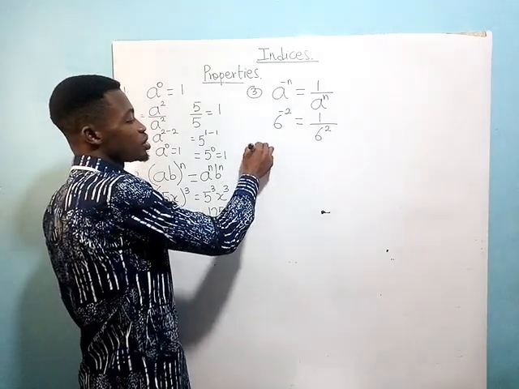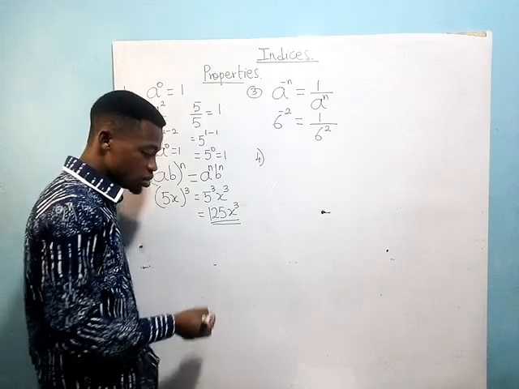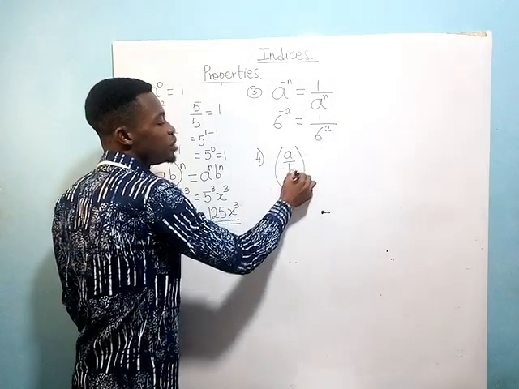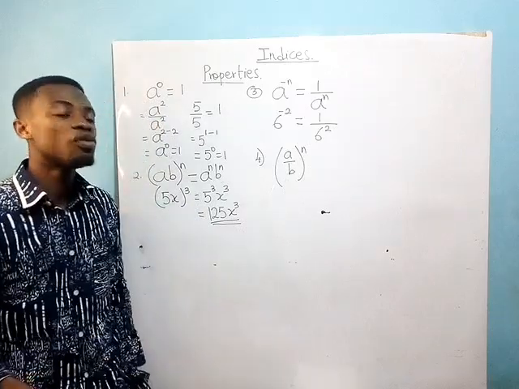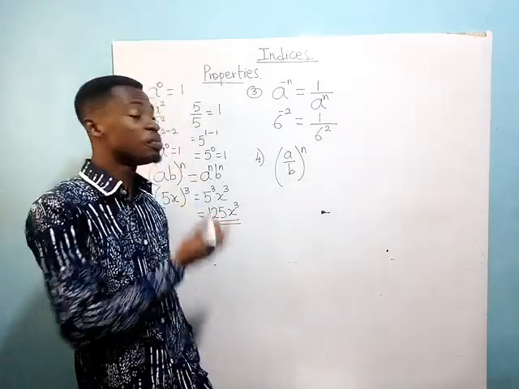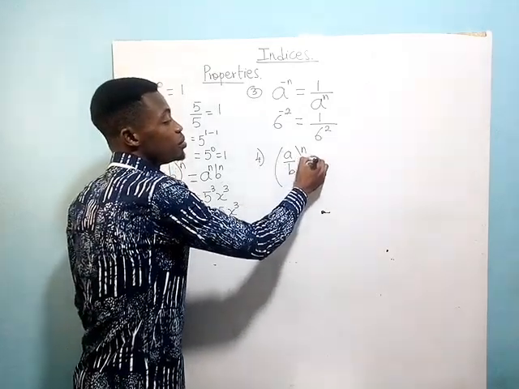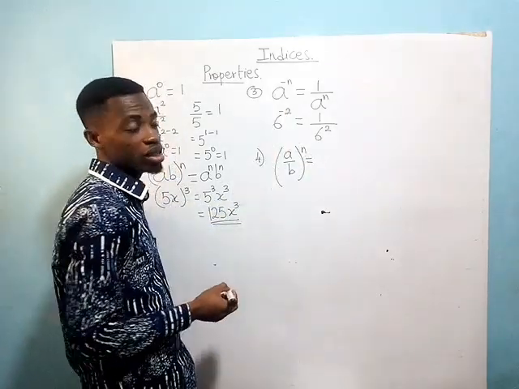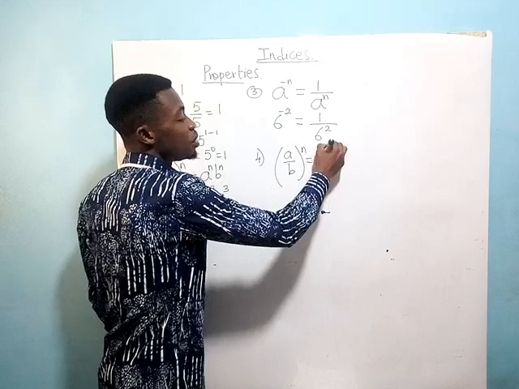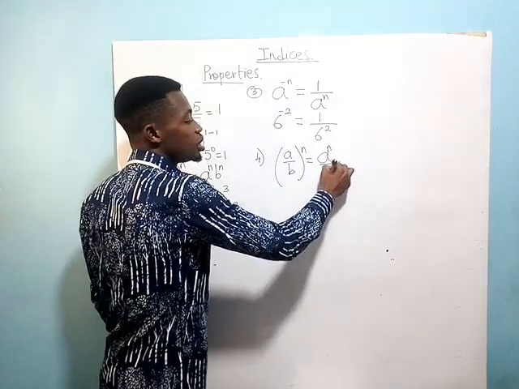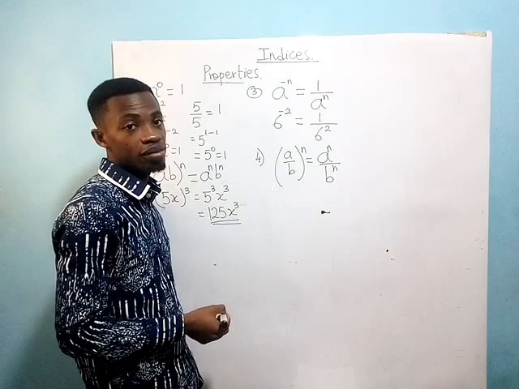Let's look at our fourth property, where we have the quotient of numbers, a over b, all raised to the power n. So here too, each of them is affected by the exponent. So we have a to the power n over b to the power n.